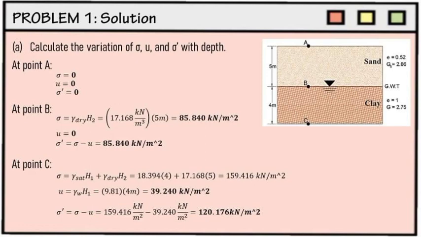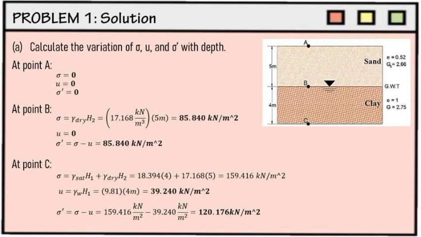At point C, sigma is equals to gamma saturation times height 1 plus dry unit weight times height 2. Just substitute the given values. 18.394 multiplied by 4 plus 17.168 multiplied by 5, we can get 159.416 kilonewton per meter squared. For pressure is equals to unit weight of water multiplied by height 1.